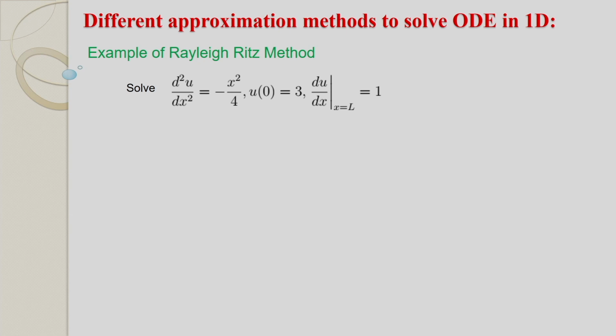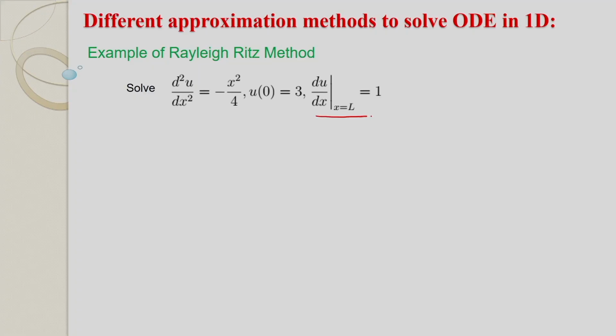We will understand this Rayleigh-Ridge method with one example. In this example, we will also see how to take care of natural boundary condition. So, at first we have to get the variational statement for this differential equation.